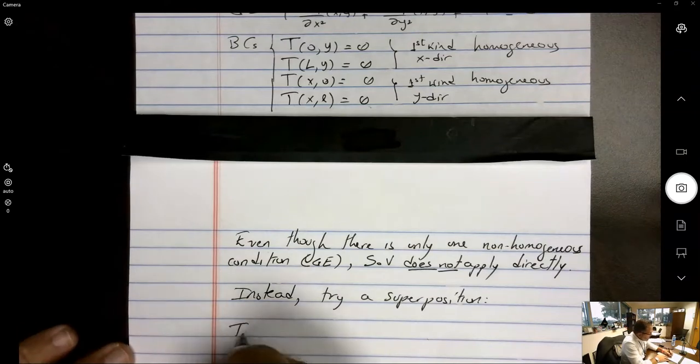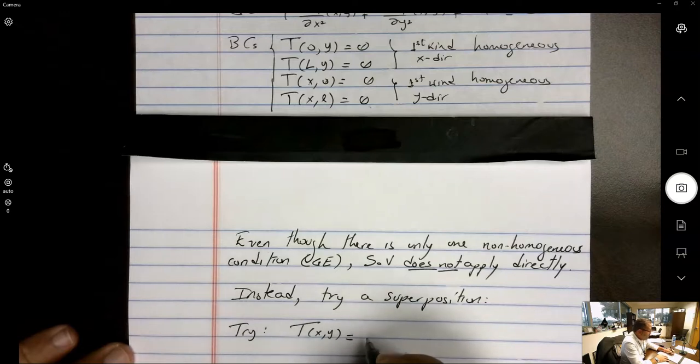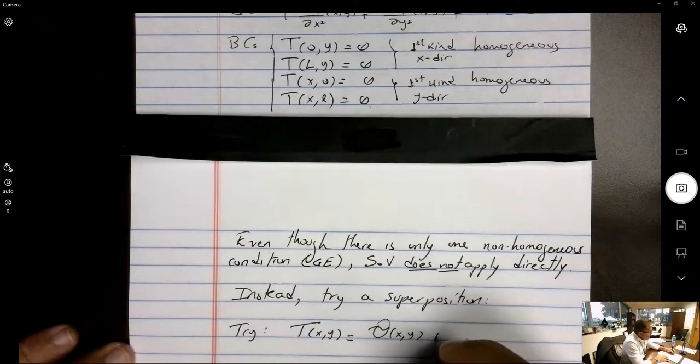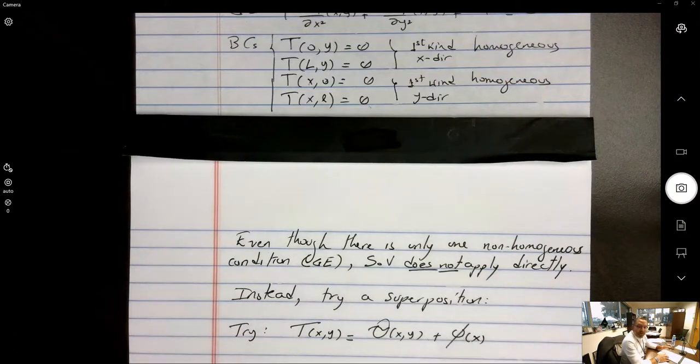An easier way to do it in this case is to try, well, let's make T of x and y equal to, instead of calling it T1, let me call it theta. There's no difference, but I just want to be fancy and call it theta. And phi, the second superposition, I'm just going to make it a function of x. And that is the one that is going to carry the Q0, the non-homogeneity in the governing equation.